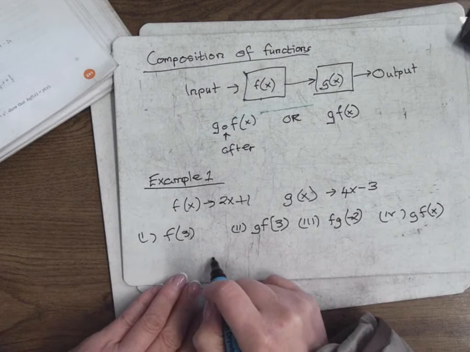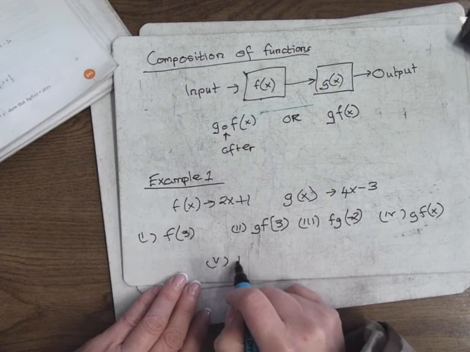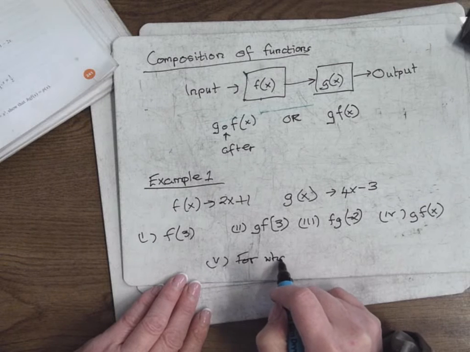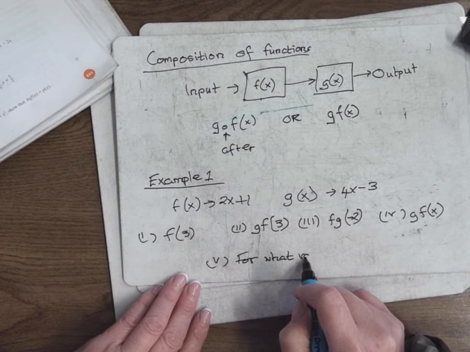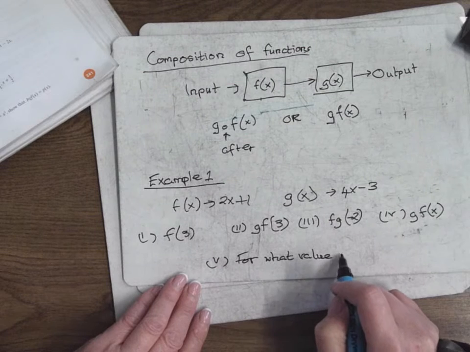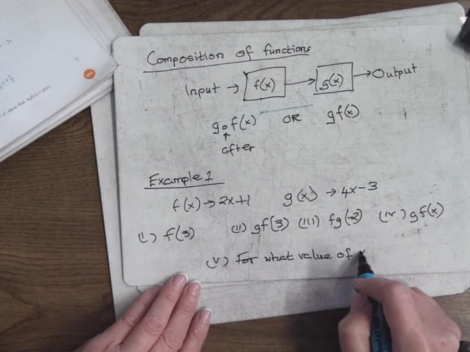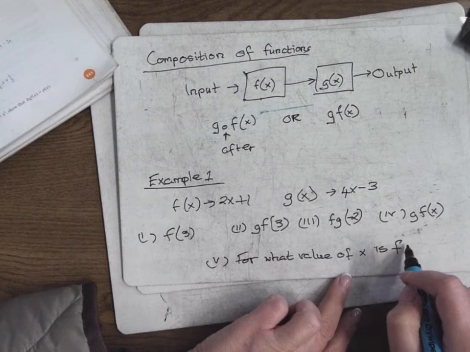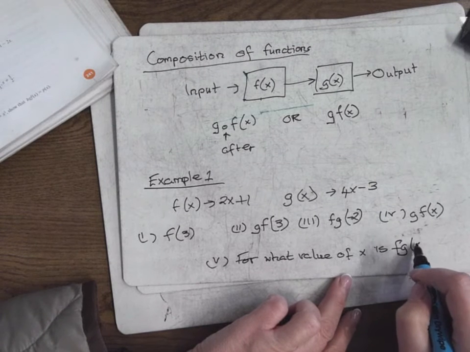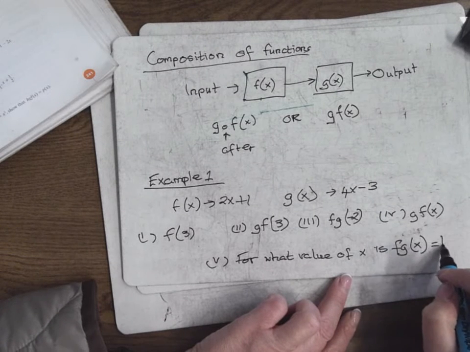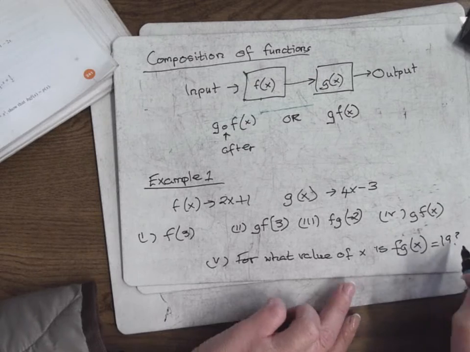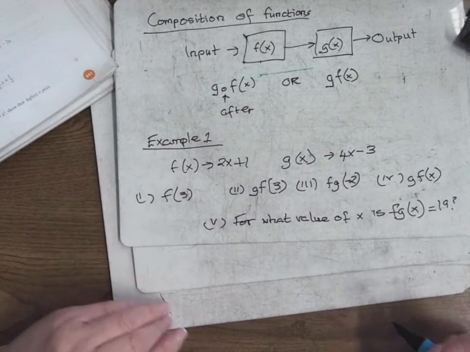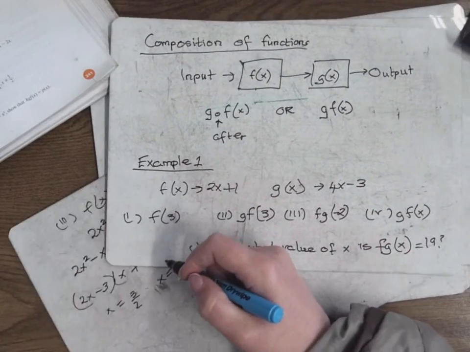And part 5 is for what value of x is fg of x... okay, right, so lots of different parts there.